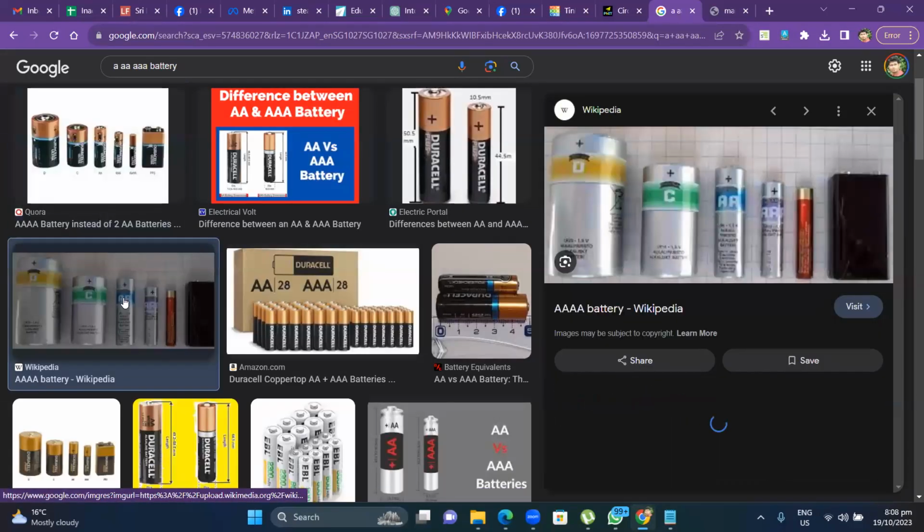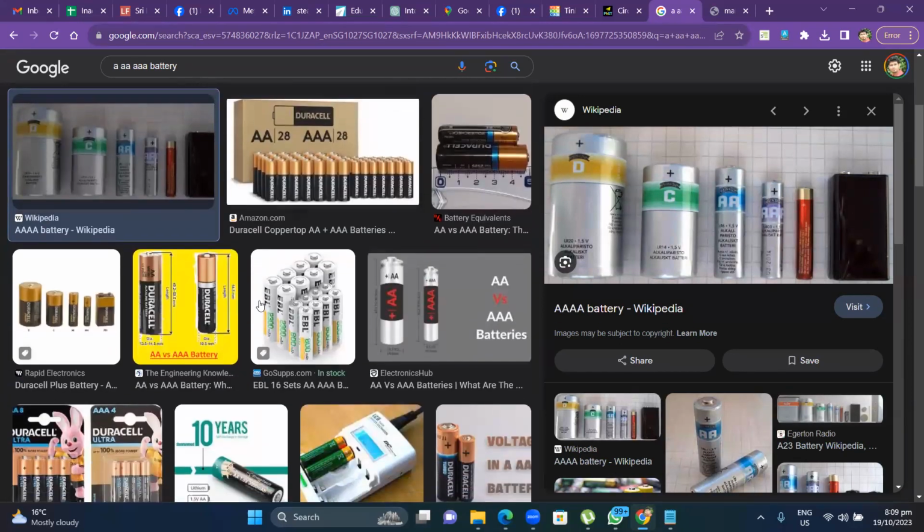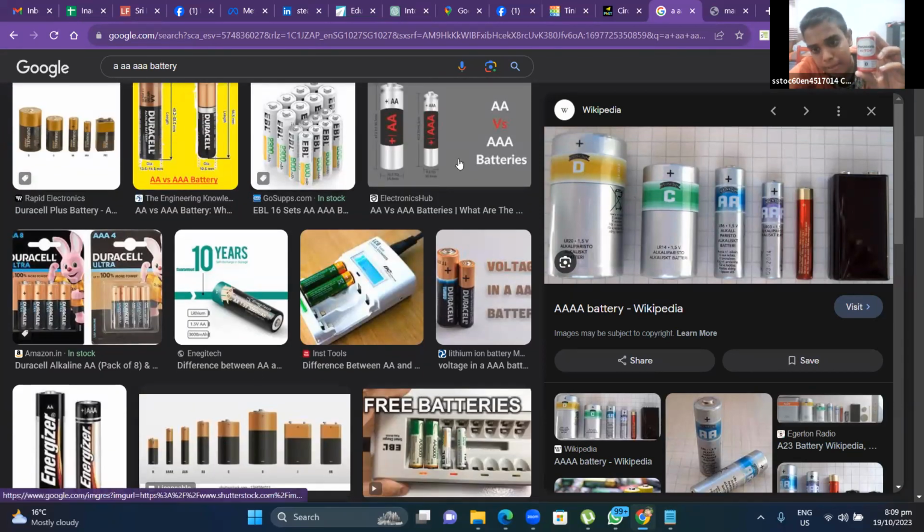Here you can also see them. This is a D type battery, C type battery, AA, AAA, and 4A batteries. And this is the 9 volt battery. What's the type of this battery?